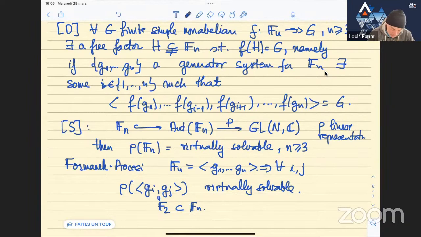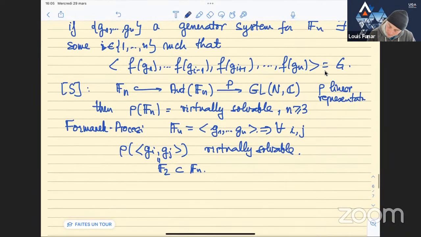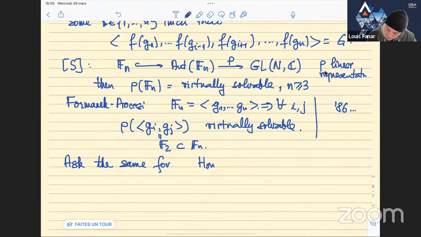Okay. We can ask the same question, so this is known since the 80s. We can ask the same question, and these are very relevant. Ask exactly the same for the homomorphisms which are surjective from pi1 of sigma g into G, instead of a free group.